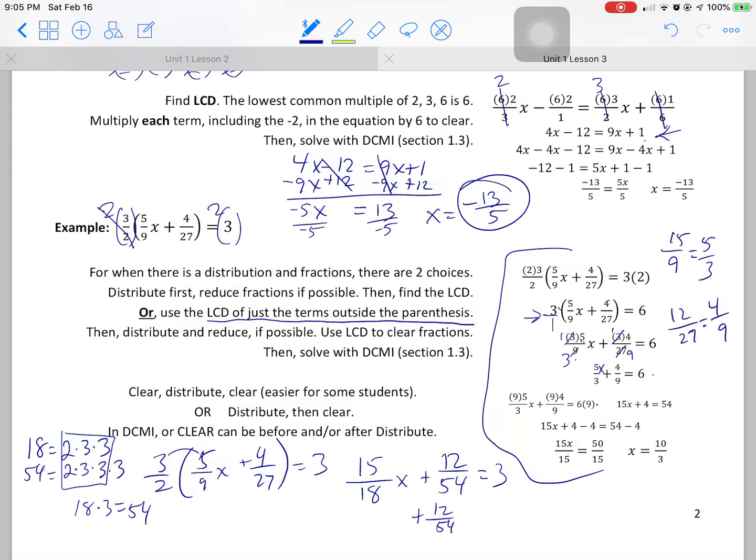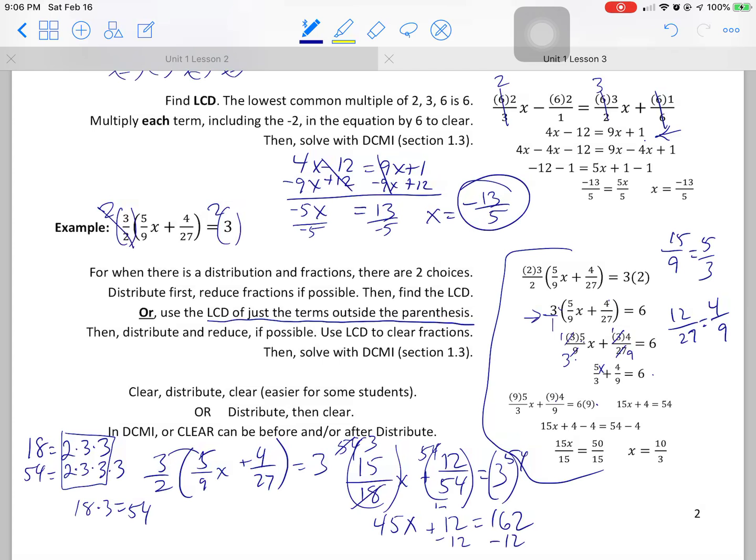So we need to multiply this one and this one by 54. I'm not liking this way, but this goes into this 3 times, so that's 45x plus 12 equals 3 times 54, which is 162. The numbers just get really big this way.